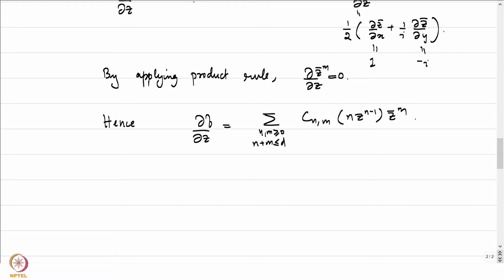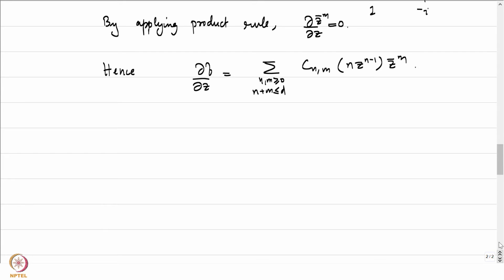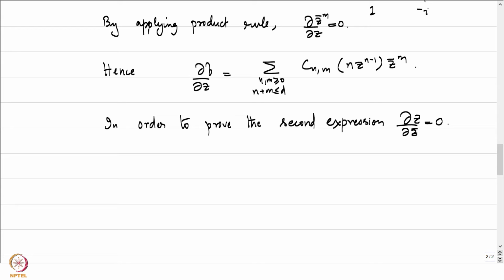The corresponding equation for ∂f/∂z bar is proved very similarly. The only observation in that case is that ∂z/∂z bar is going to be equal to 0. So in order to prove the second expression in this problem, you just have to focus on the fact that ∂z/∂z bar is equal to 0, because we are looking at the second Wirtinger derivative, the one with respect to z bar.